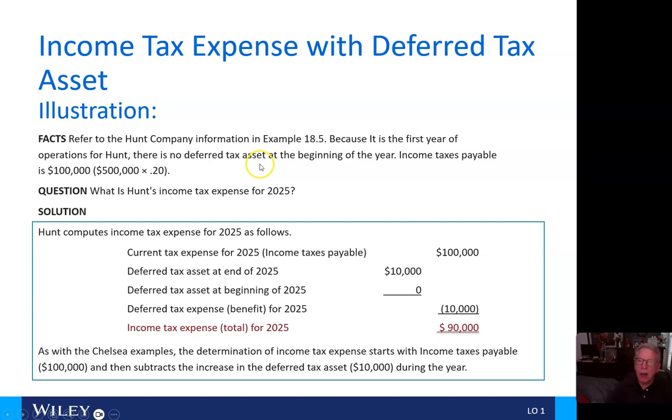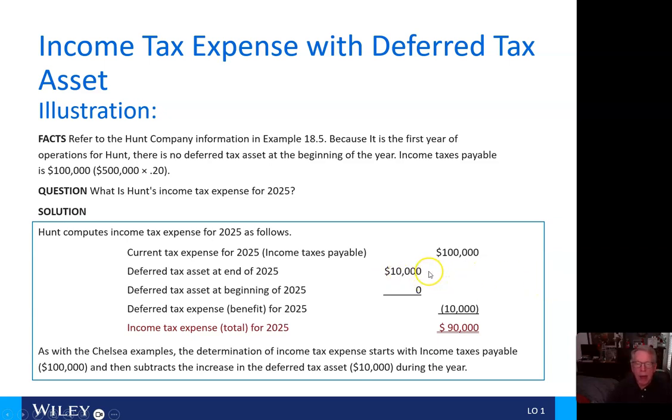Now we'll refer back to Hunt information again. And because this is the first year of the operations for Hunt, there's no deferred tax asset at the beginning of the year. The income taxes payable is $100,000. That's $500,000 times 20%. So what's Hunt's income tax expense for 2025? Well, here we're going to take the $100,000 tax expense for 2025. That's our income taxes payable.